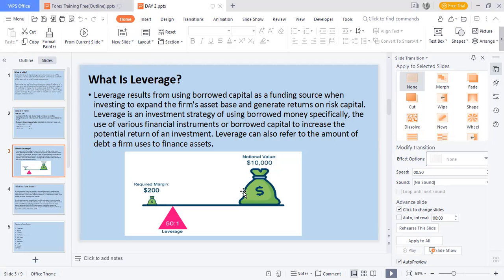So what happens here is the brokers will ask how much you have. You tell them you have $200. That $200 can be seen in the forex market as $50,000, meaning that you are trading with $200, but the broker sees it as $50,000.